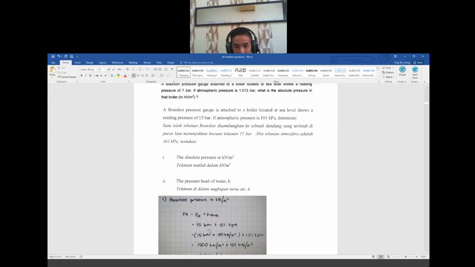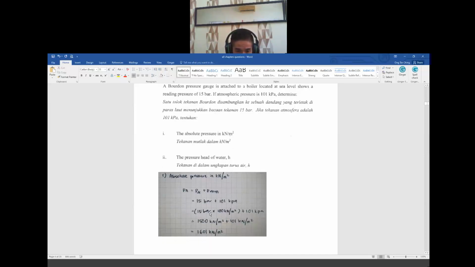So 15 bar here, then atmospheric pressure here will be 101 kilopascal. So what he did was convert this one to bar, then times 100 kilopascal per bar.